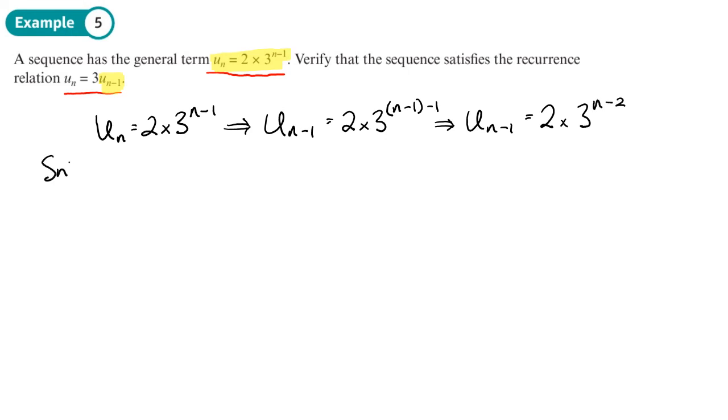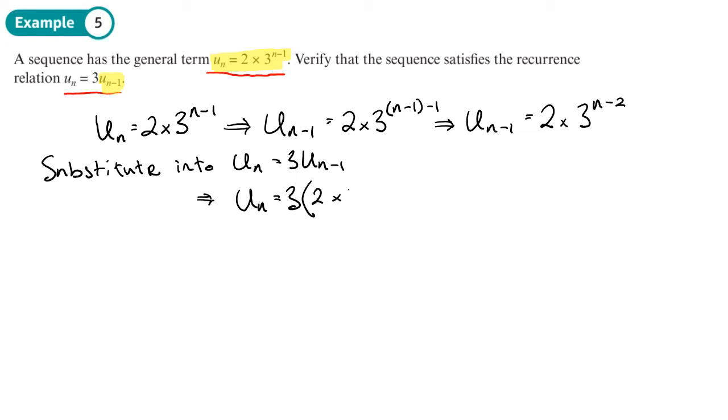Now we substitute this into u_n equals 3u_{n-1}. If we do that, we'll get u_n equals 3 times u_{n-1}, which is 2 times 3 to the power n minus 2. That can be written as u_n equals 2 times 3 times 3 to the power n minus 2.